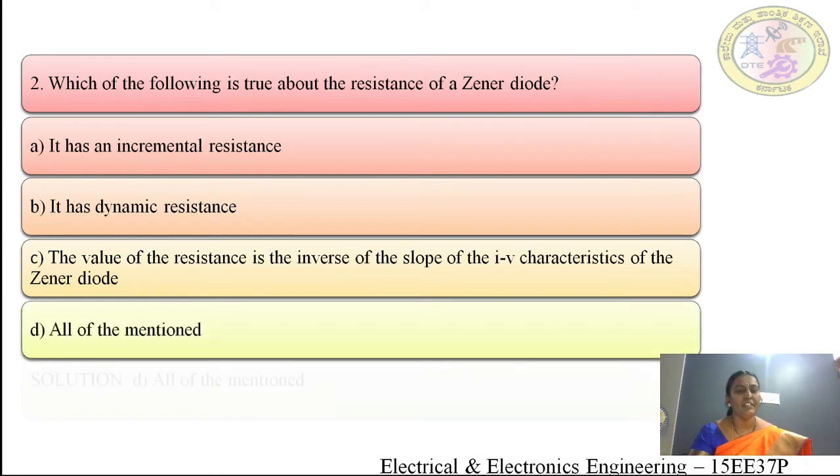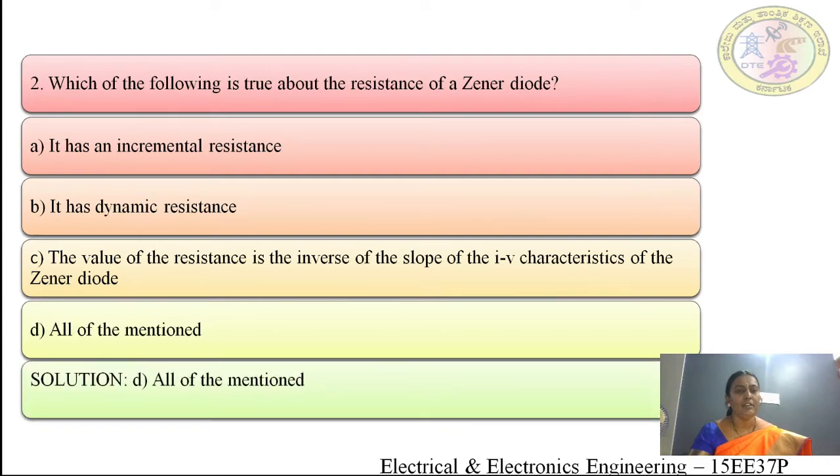All of the mentioned, and the solution is all of the mentioned. About the Zener diode, all are correct: it has an incremental resistance, it has a dynamic resistance, and the value of resistance is the inverse of the slope of the VI characteristics of the Zener diode.